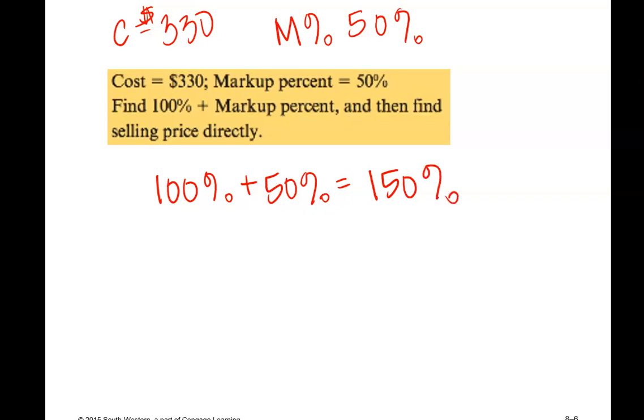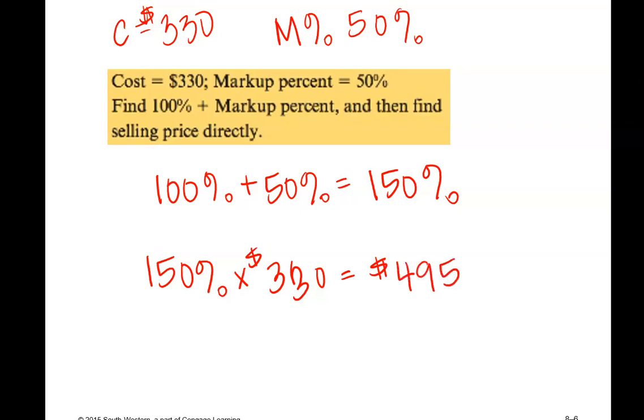To calculate the selling price directly, I'll take that 150% and multiply it by the cost, so times 330. This is going to give a selling price of $495. So if something costs a retailer $330 and they mark it up by 50%, they're going to sell it to us for $495.